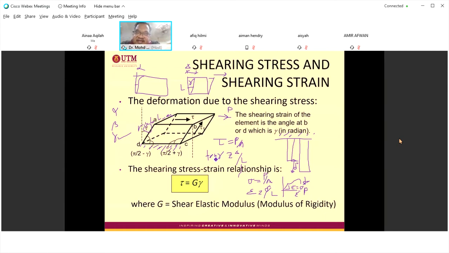Today you learn another term, modulus of rigidity, related to these materials, like this bridge.